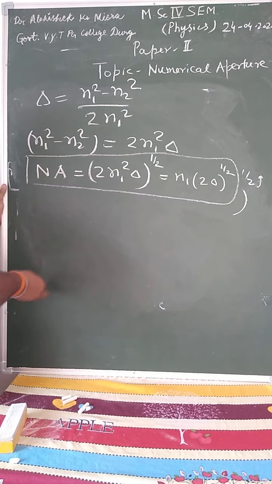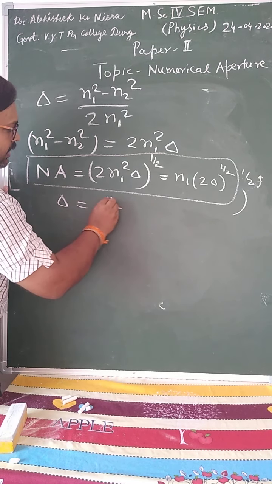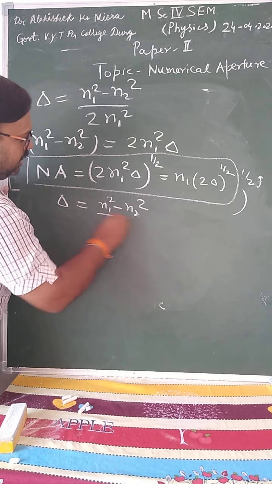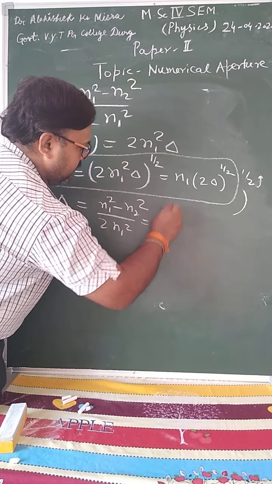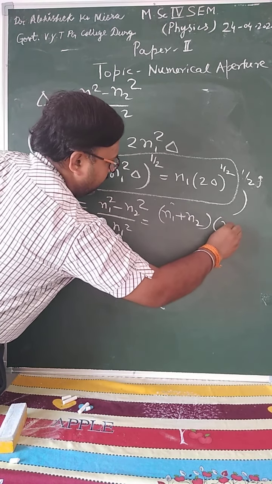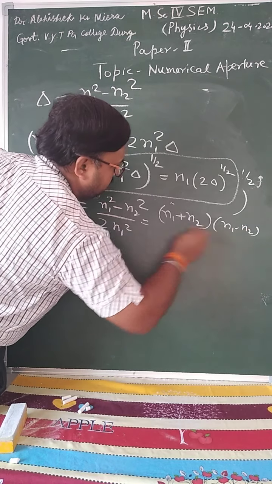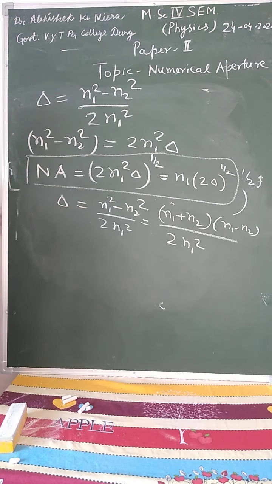Again, if we consider delta equal to (N1 square minus N2 square) upon 2N1 square, it can be written as (N1 plus N2) into (N1 minus N2) upon 2N1 square.